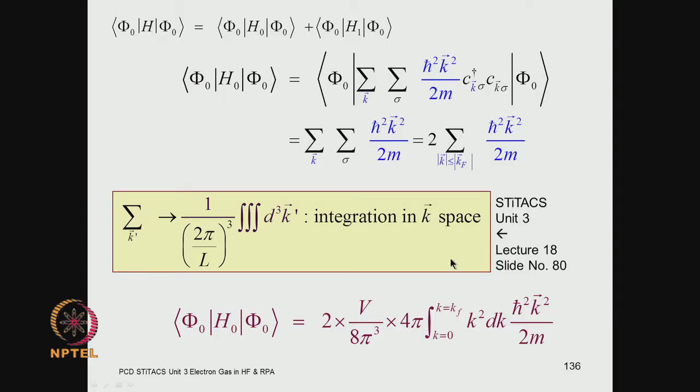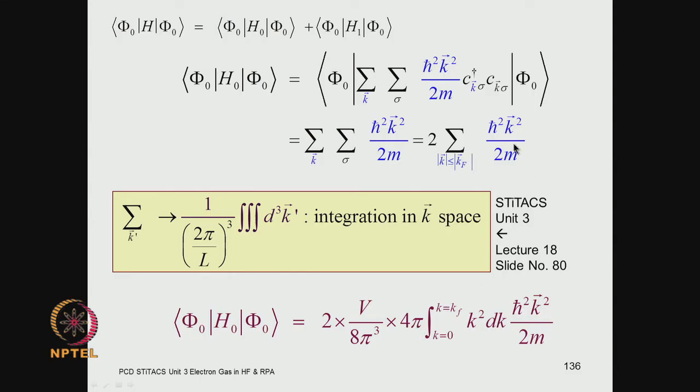Then you carry out the integration over k, which goes from 0 to the value of k at the Fermi surface, because the summation must be restricted to values of k less than or equal to k_F. So the integration is from k equal to 0 to k equal to k_F, with k square dk from the volume element. 4 pi k square dk is the volume element, so this 4 pi is here, and then you have this h cross square k square by 2m over here.